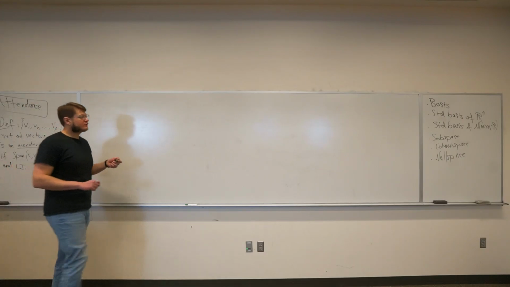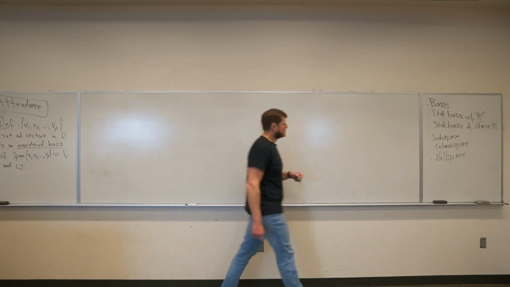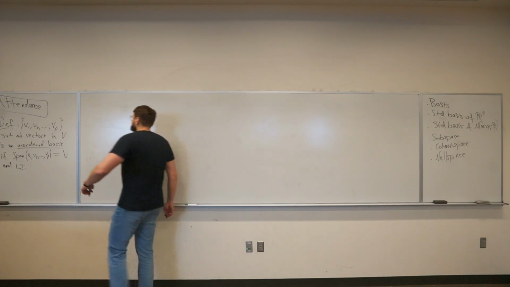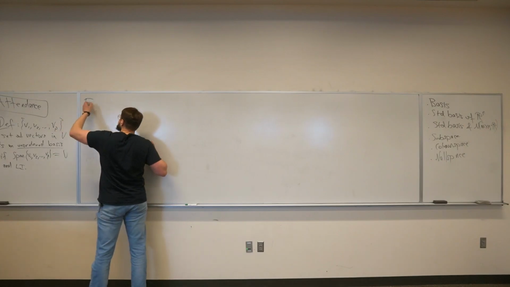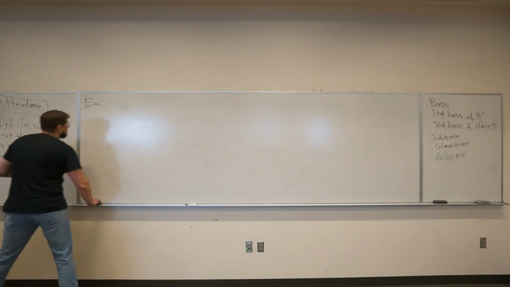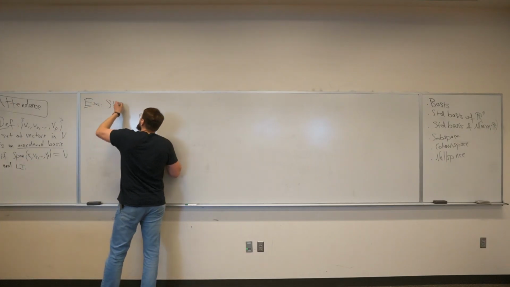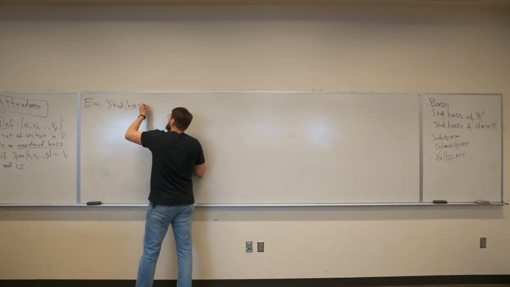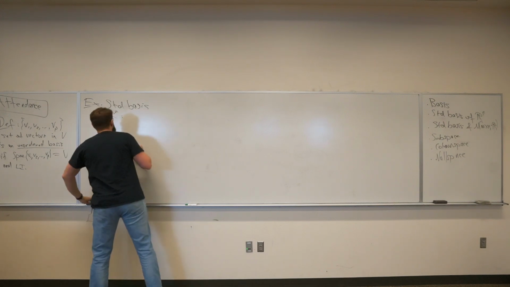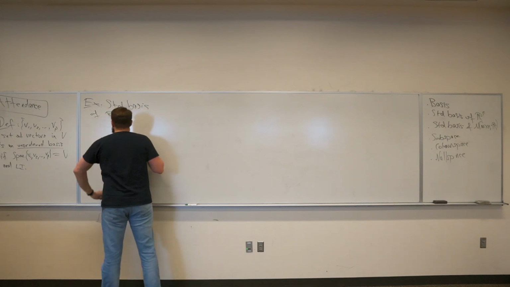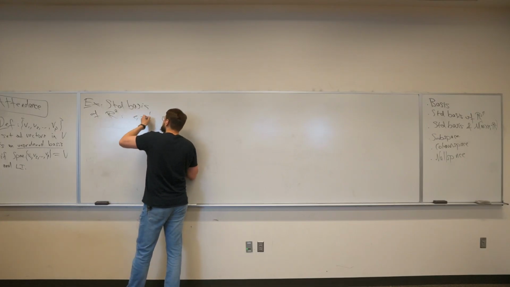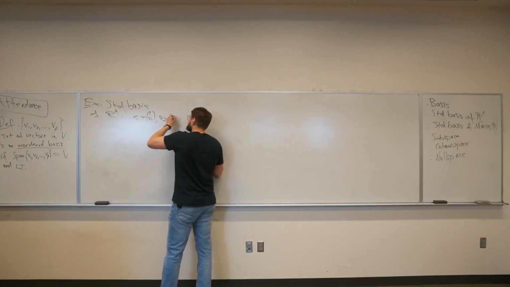The first example, of course, is what is called the standard basis of Rn. So these are the Ei vectors. Example: the standard basis of R2, let's start like this, is E1, which is (1, 0), and then E2, which is (0, 1).